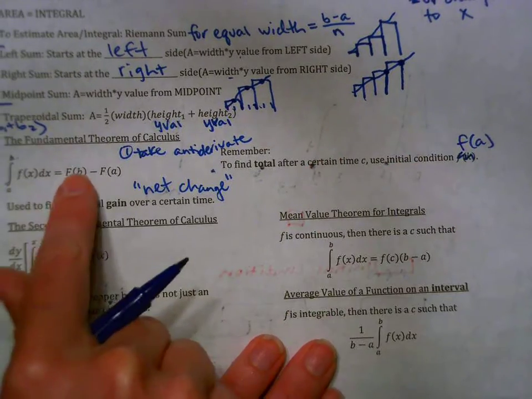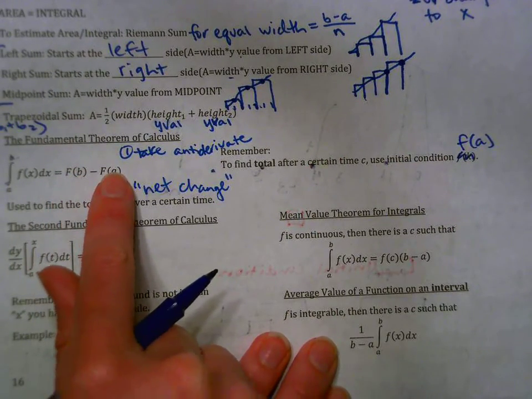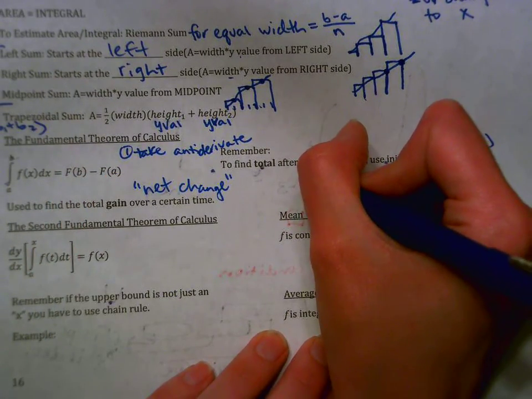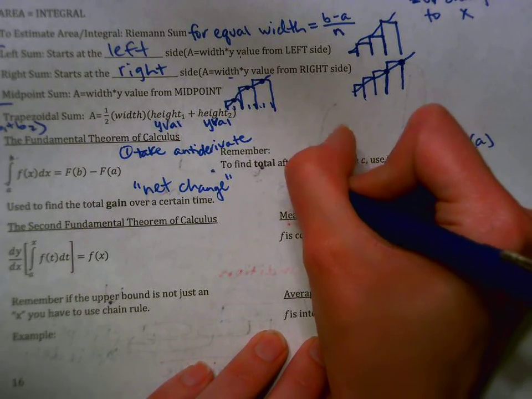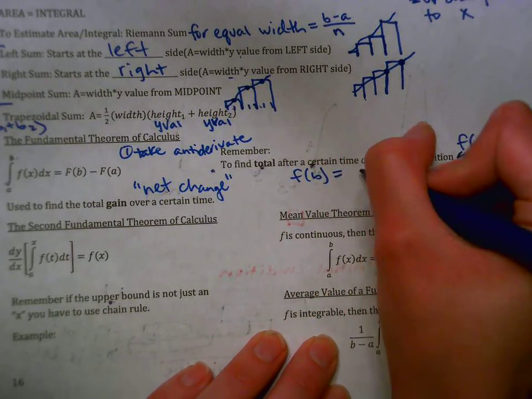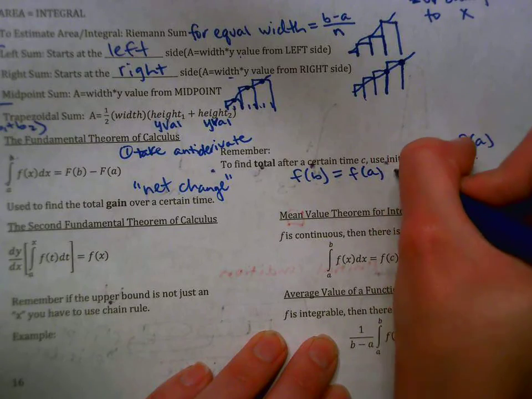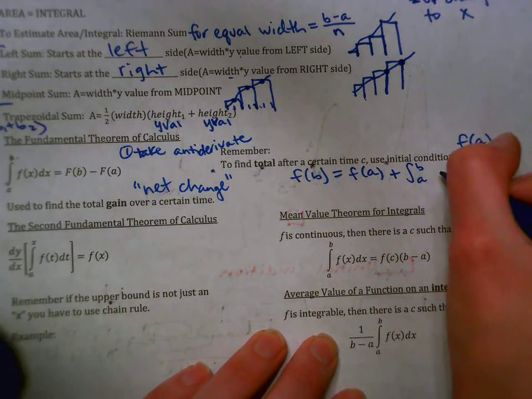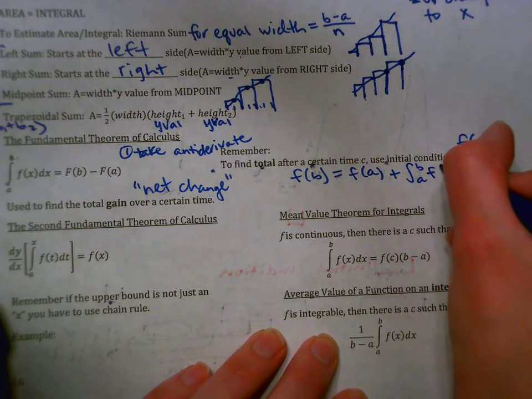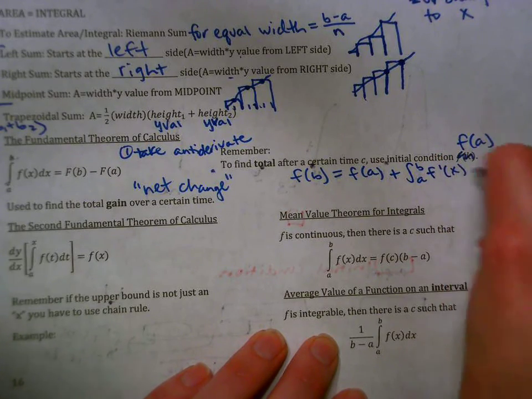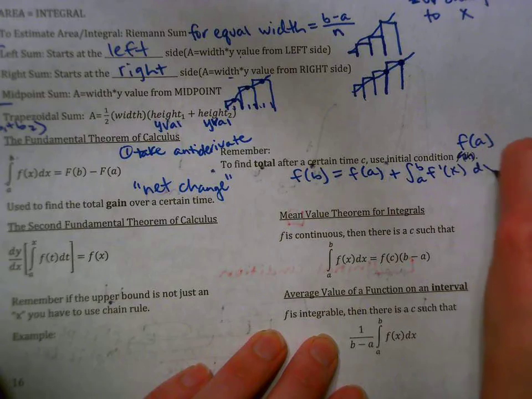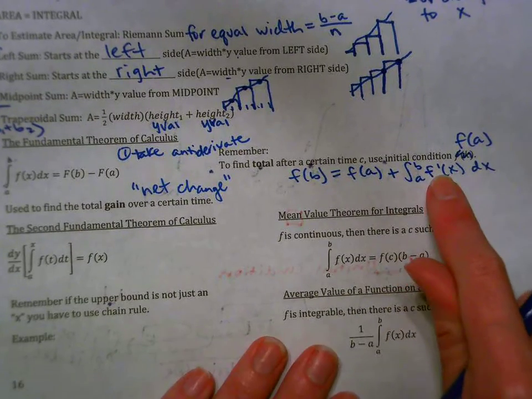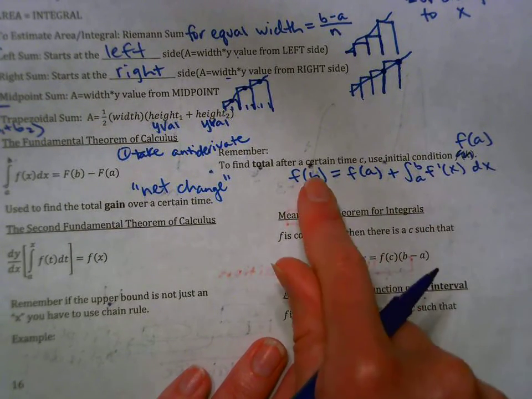So if you move F of a over to the other side, you would have F of b by itself equals F of a plus the integral from a to b of F. Now normally this is a derivative, so I'm going to put F prime, because normally that's a rate. If it's not a rate, then this wouldn't really work.